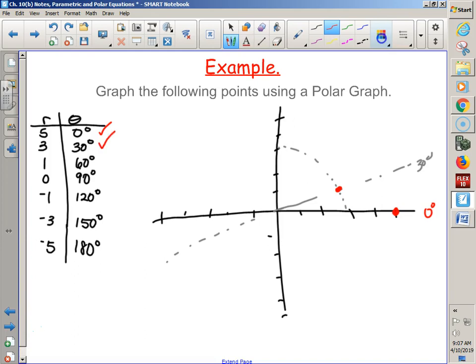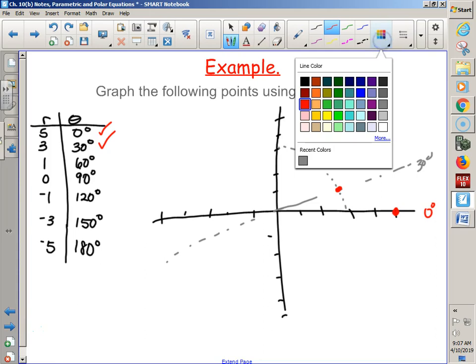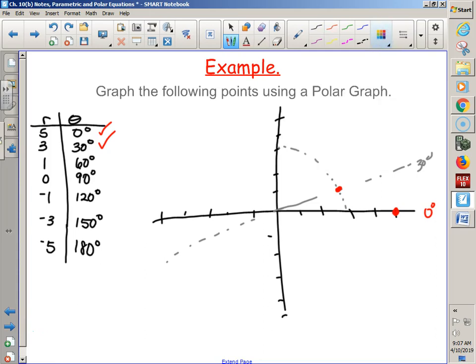How about for 160? Do I need an angle line? Okay, so how would we get the 1? Think the unit circle, or think connecting all the ones with the circle, right?